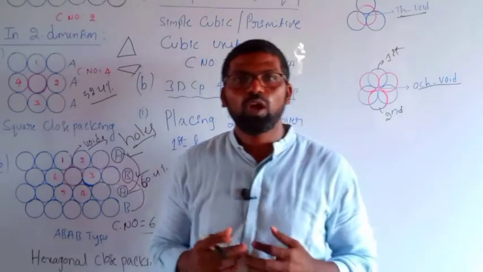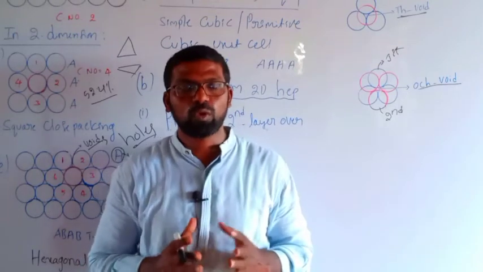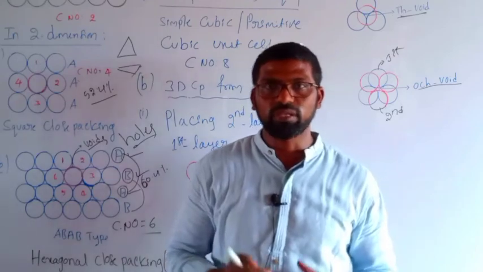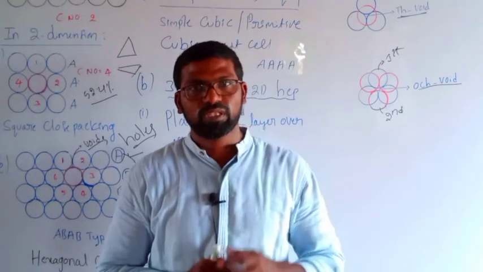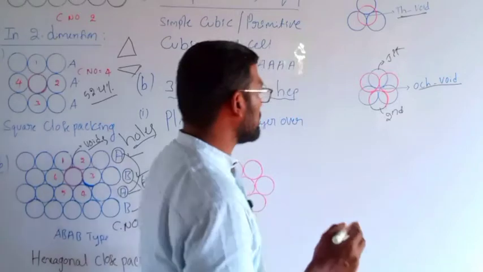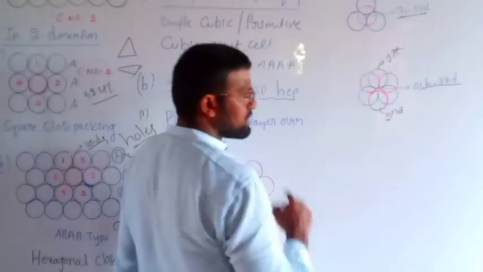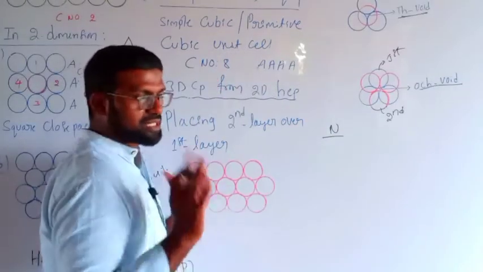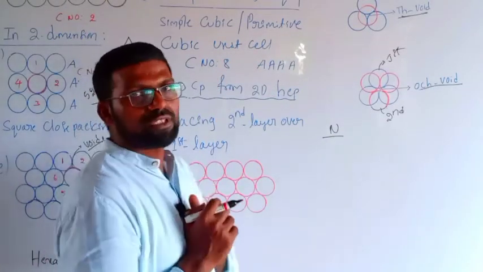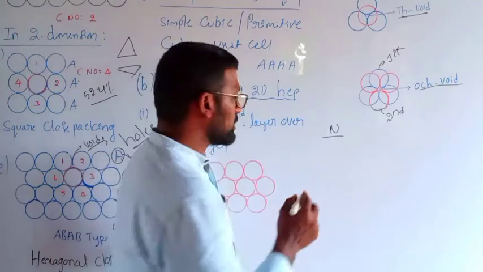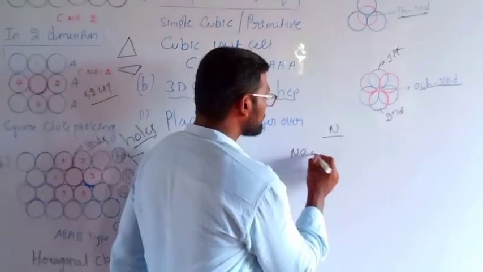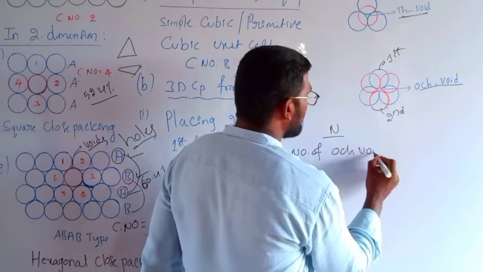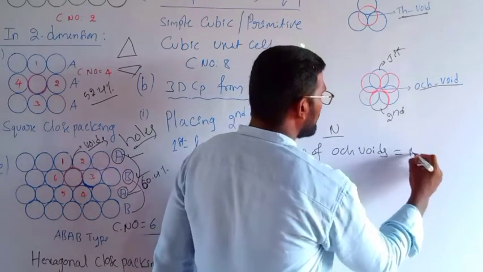Now let us know how to calculate the number of octahedral voids or tetrahedral voids in a given crystal system. This is very simple. If in a given crystal system, the total number of spheres is n, then the number of octahedral voids will be n.